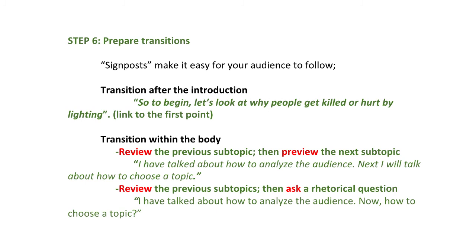So, it means that the first point would be why people get killed or hurt by lightning, right? Yeah, this is how the transition after the introduction would be. Okay. The next one is transition within the body. Transitions are also needed between each section of the body. It will consist of two sentences.